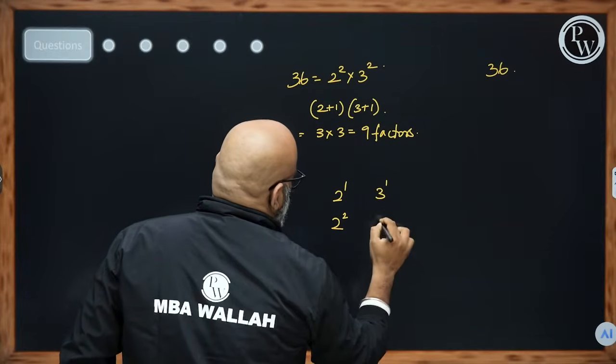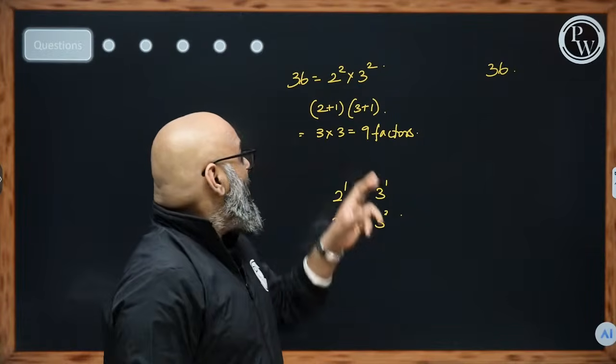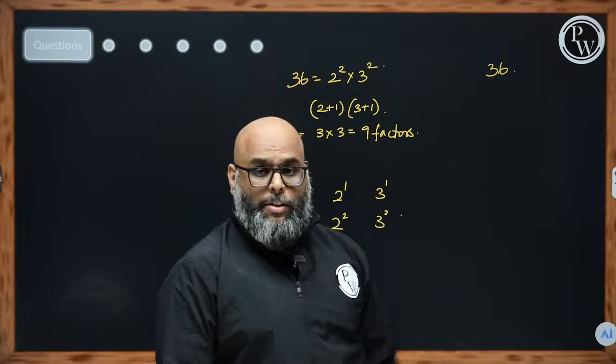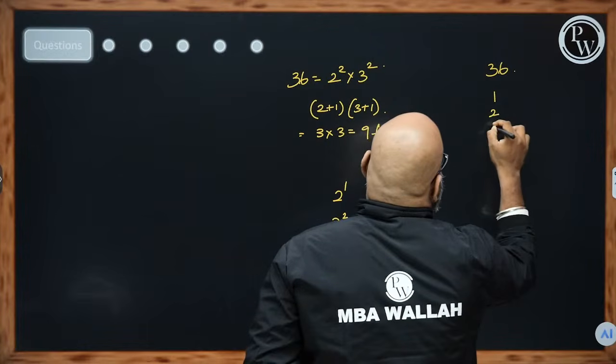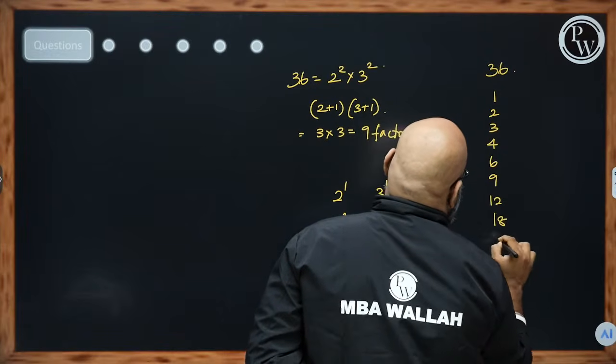Similarly, 3 power 1, right? We also understand any combination of 2's and 3's here will also be a factor of 36. We'll list down the factors then. 1, 2, 3, 4, 6, 9, 12, 18, 36.